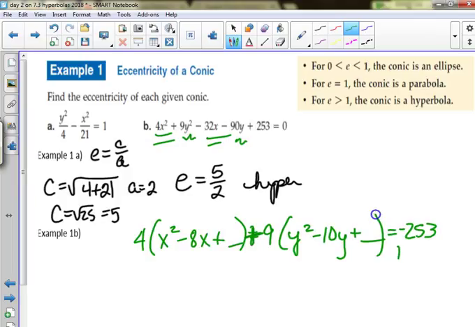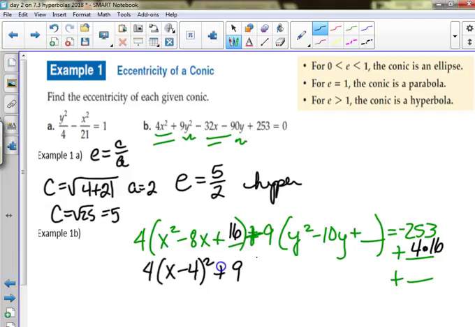Could be an ellipse, right? Okay. What do we get when we complete this square? 4 times the quantity x minus 4 quantity squared plus 16. Over here we have 4 times 16 plus 9.